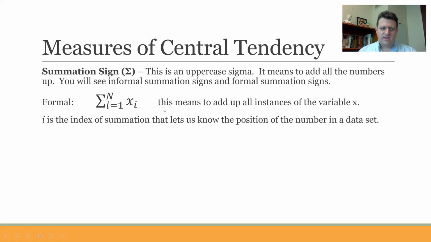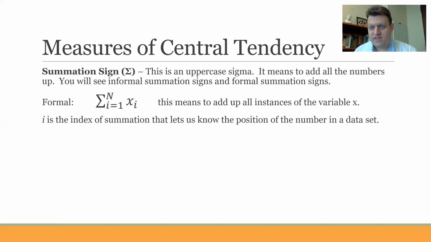I here is the index of summation. Let's say that we have a large list of numbers. The first number in our list, we're going to say, has an index summation of 1. The second number, 2. Third number, 3. So this index of summation is just a number that lets us know which number it is that we're looking at.